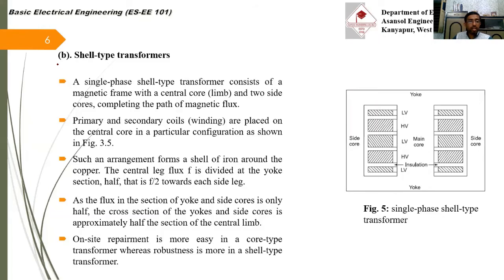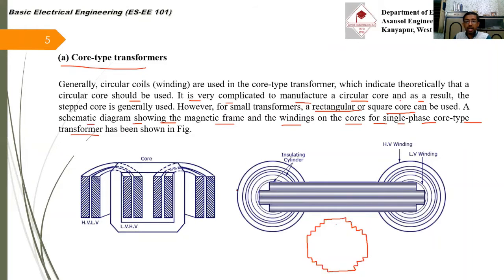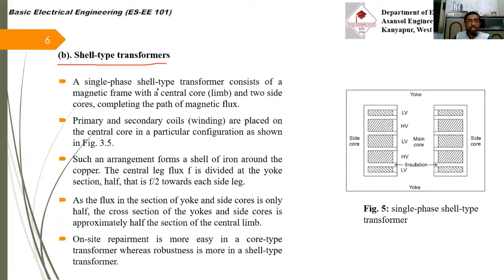The next type of transformer is the shell type transformer. Here you can see that all the windings are within the yoke. It is called shell type. But in core type, the windings are outside. Now, a single phase shell type transformer consists of a magnetic frame with a central core that is called the limb, and two side cores completing the path of the magnetic flux.